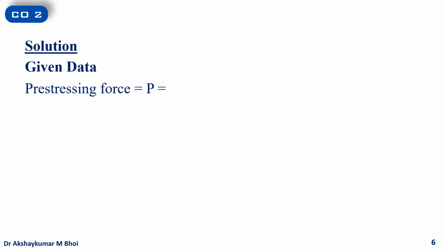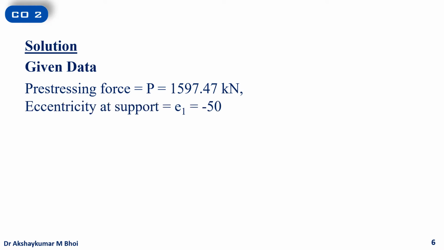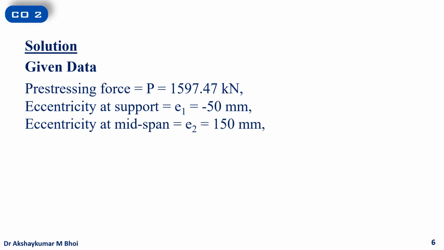Let us note down the given data. The pre-stressing force P is 1597.47 kN. Eccentricity at support e1 is minus 50 mm. The negative sign indicates eccentricity is above the centroidal axis. Eccentricity at midspan e2 is 150 mm.